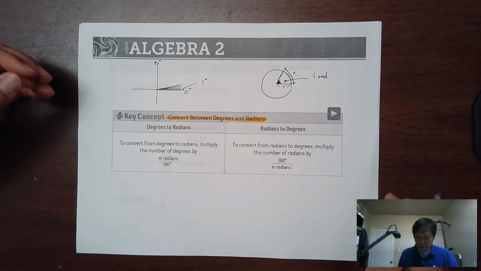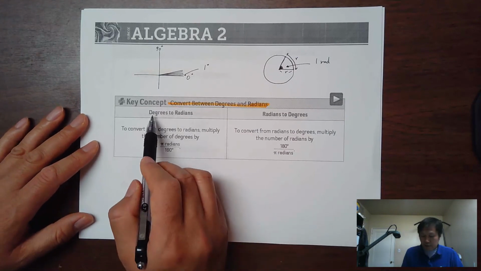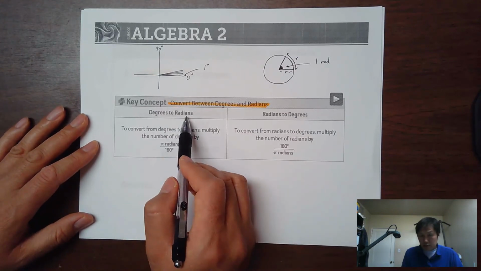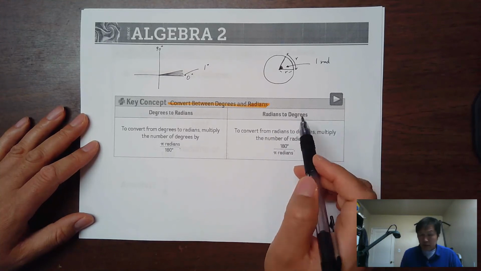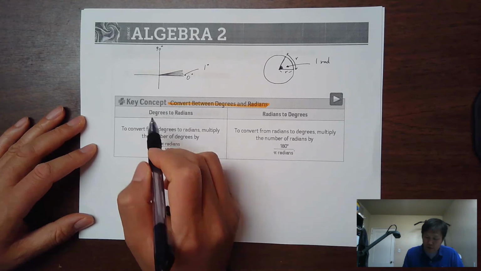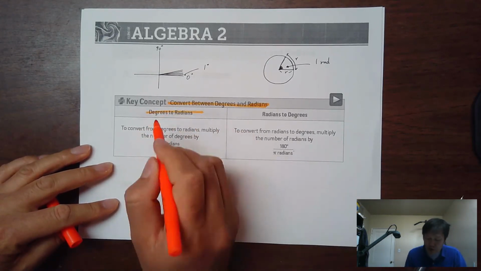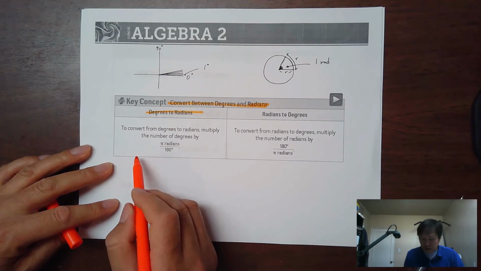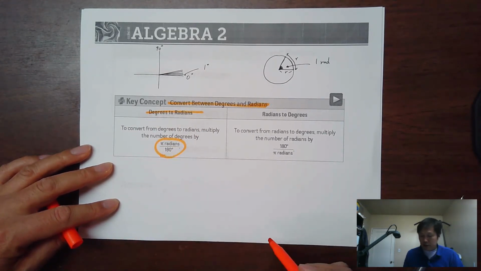So what you need to know is how to convert degree to radian versus how to convert radian to degree. So you are dealing with a 2-unit conversion. Converting from degree to radian, you are multiplying the degree value by this conversion factor, pi over 180 degrees.